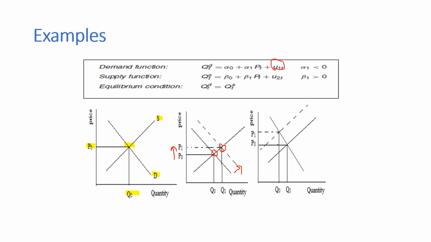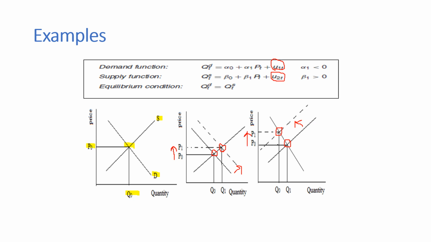And again for the quantity supplied, if there is a shift in the supply, and this shift is due to other factors except the price, represented by u2, then again the equilibrium point will change from this point to this point. And this in turn will make the price change from P0 to P1.